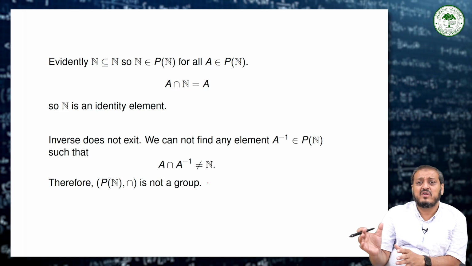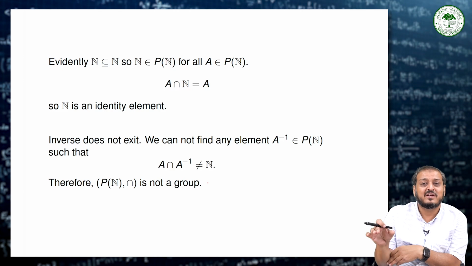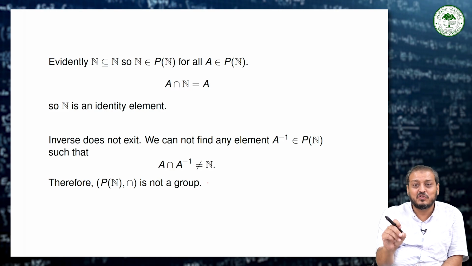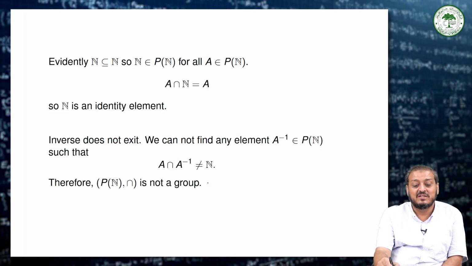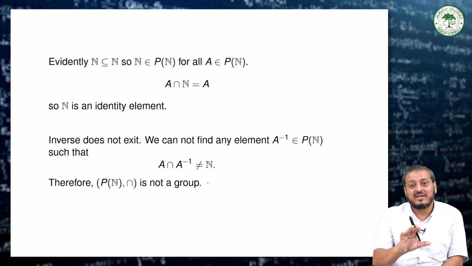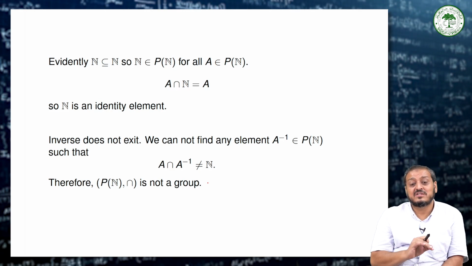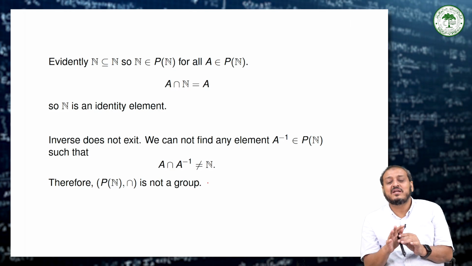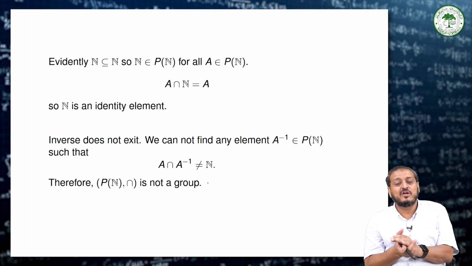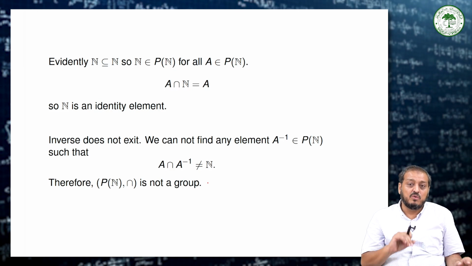If you take the intersection of two different elements of the power set, it never gives you the whole set N. So we can simply say that the power set of natural numbers under the operation of intersection is not a group. So clearly, the power set of natural numbers under union and under intersection does not form a group.